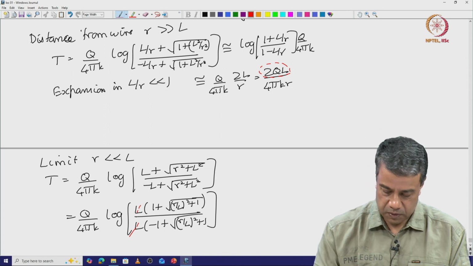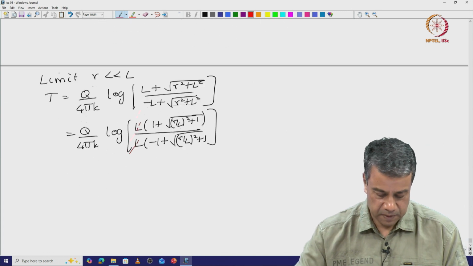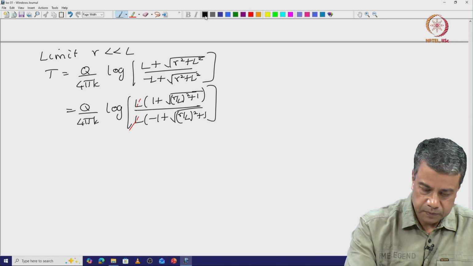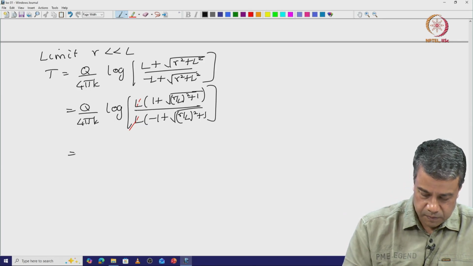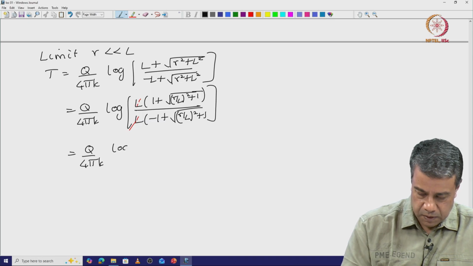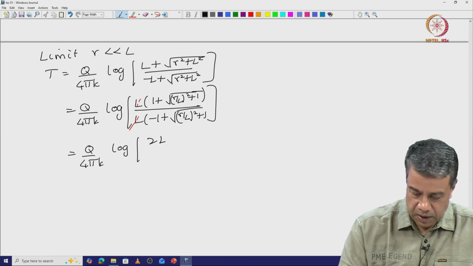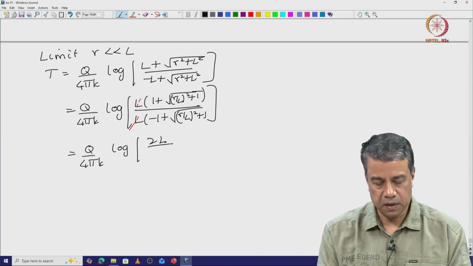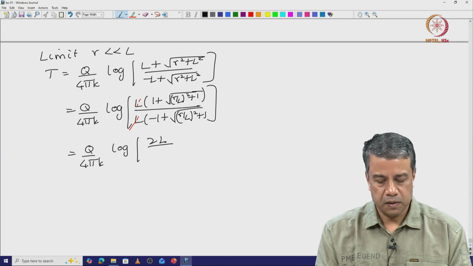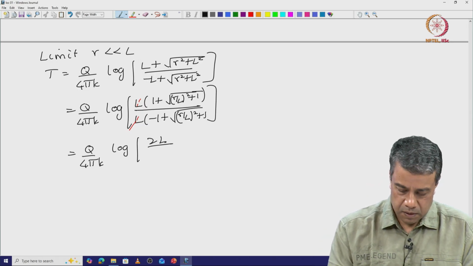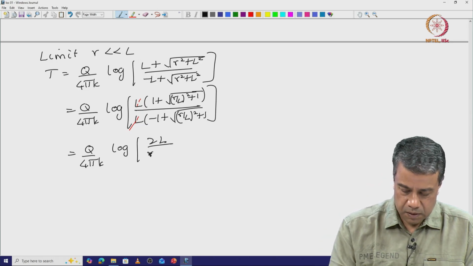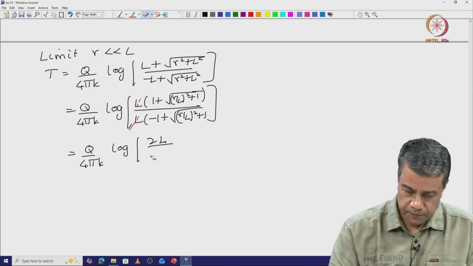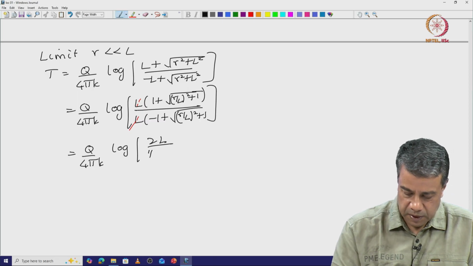So, this will basically become log of 2 by one by 2 into r by L the whole square.